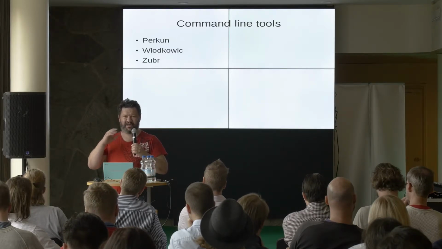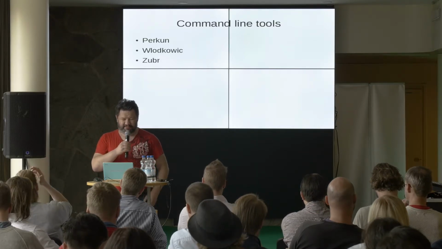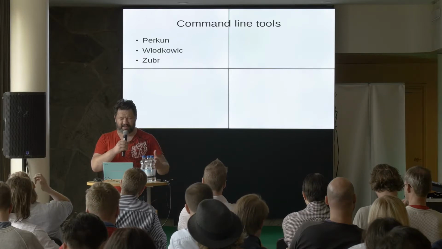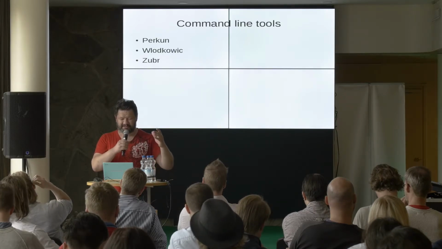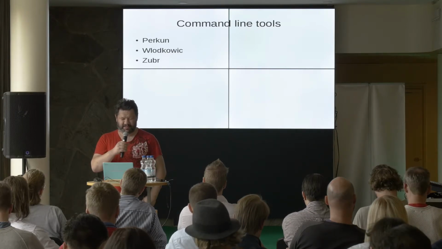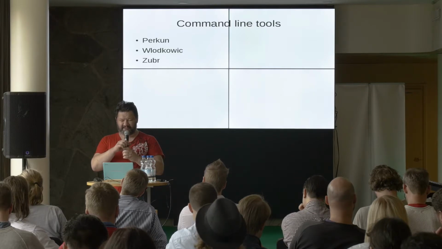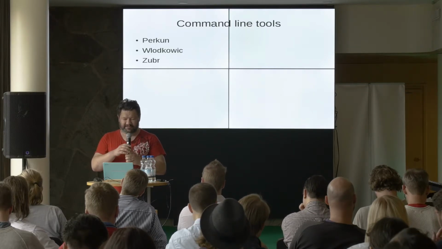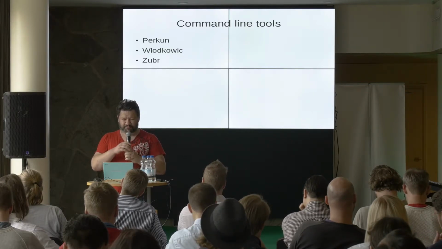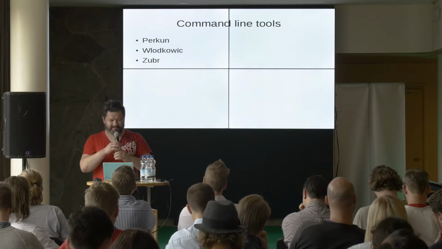For example, if you have a patient who's coming to you and you have a medical system, then you might say, okay, he may have cancer with 5% because this is a natural distribution. I don't know whether it's 5%, but I assume it's somewhat less than 95% that he doesn't have cancer. So this is an extension in Włodkowic. Also, there's another thing in Włodkowic, but this is basically the same thing as Perkun.